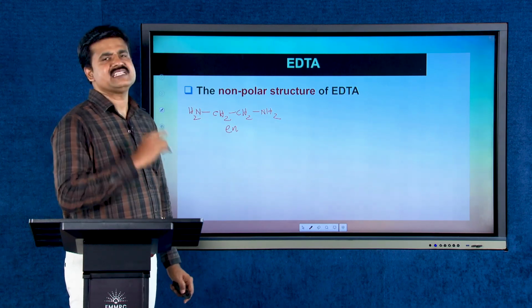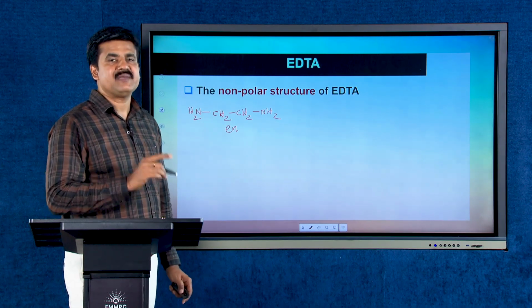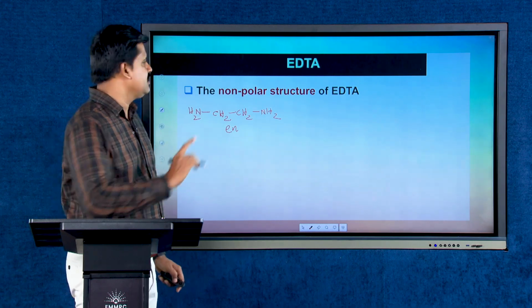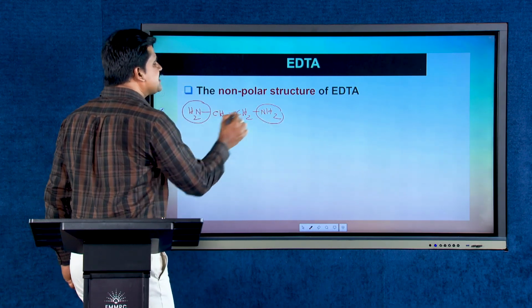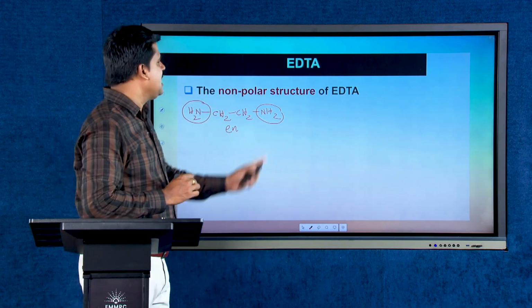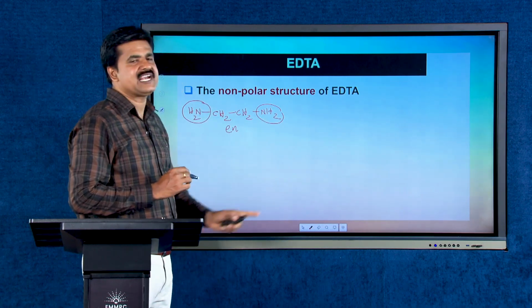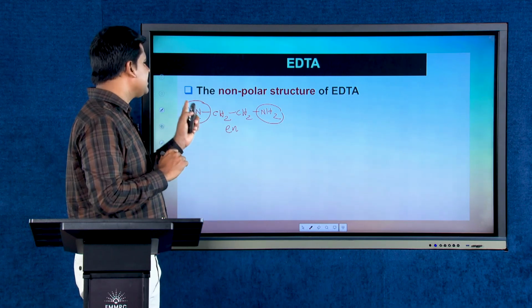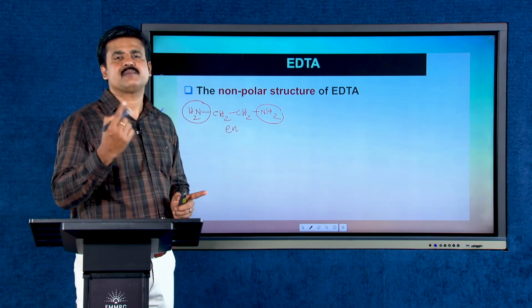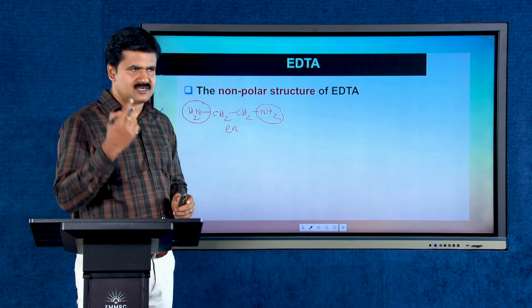Now what will be the structure of ethylene diamine tetraacetic acid? Here you can see the presence of two NH2 groups in the ethylene diamine molecule. And I have to replace these two hydrogens with two acetic acid molecules. Again, here also there are two hydrogen atoms that can be replaced with two acetic acid molecules.